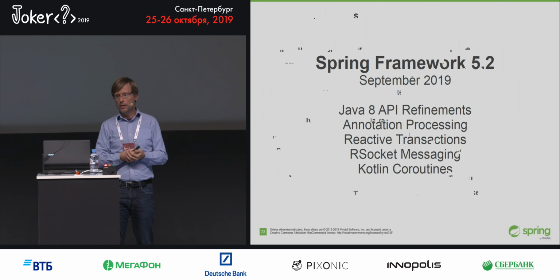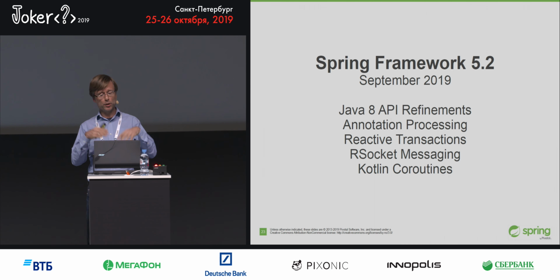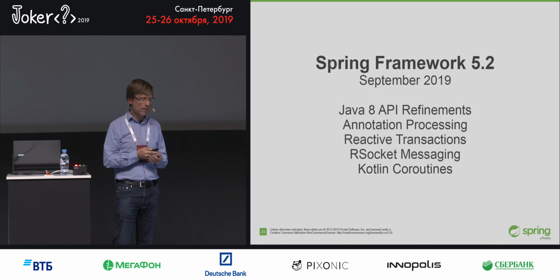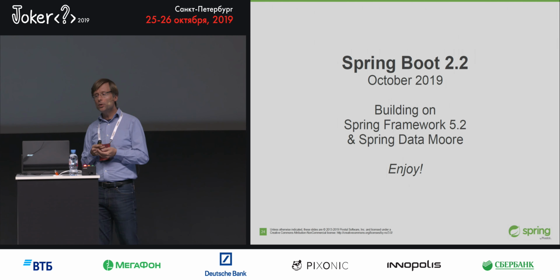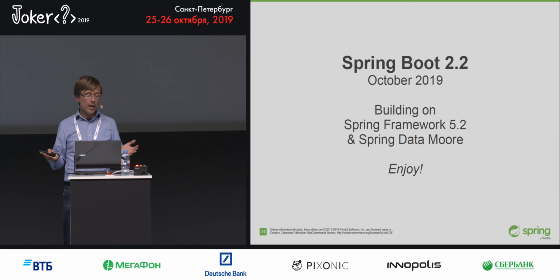All right, that's what I'm going to leave you with. All of the stuff that we've been talking about without a forward-looking note is available in Spring Framework 5.2 already, GA for a couple of weeks. There's Spring Boot 2.2, which is just a couple of days old at this point. Also GA already.